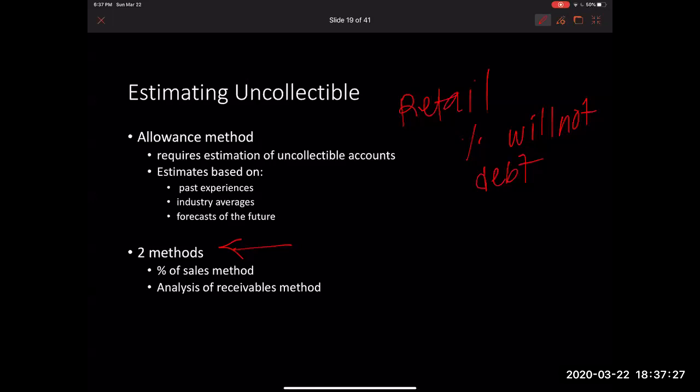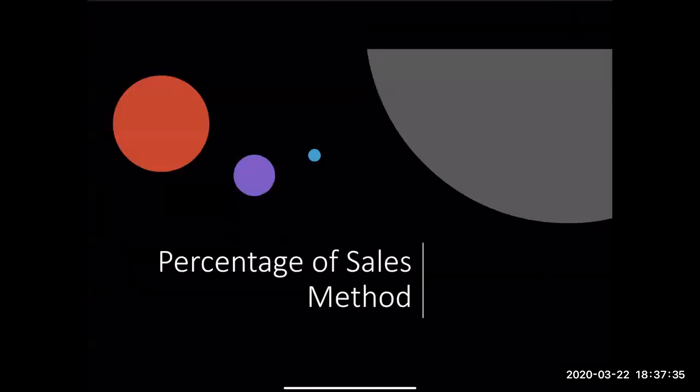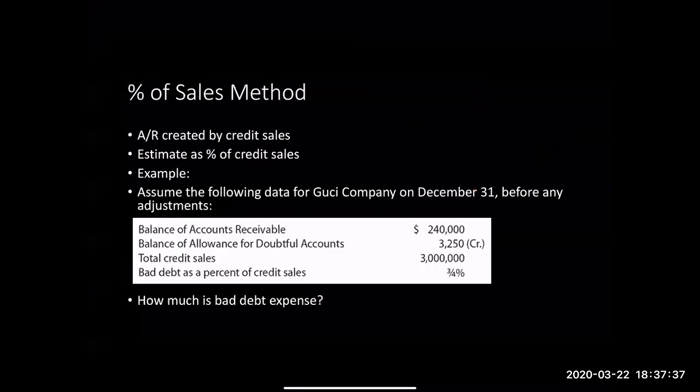One is the percentage of sales method, and the other is the analysis of receivable method. Let's look at both of them. First, let's dive into the percentage of sales method, where you're looking at what percentage of your sales will likely not be collected.